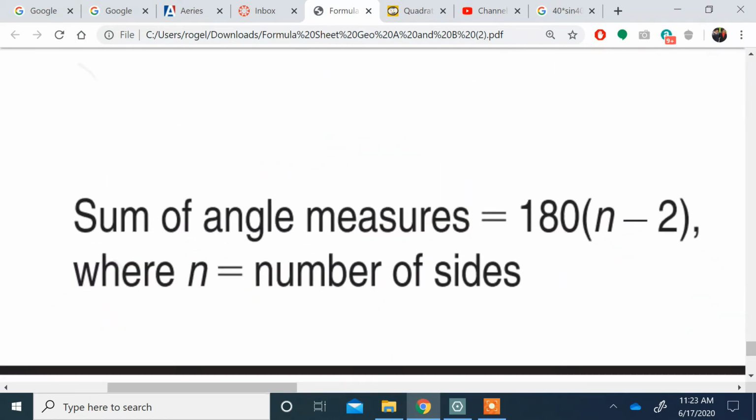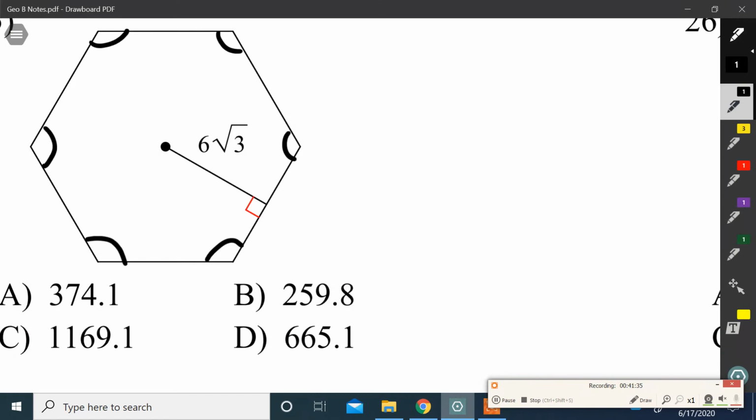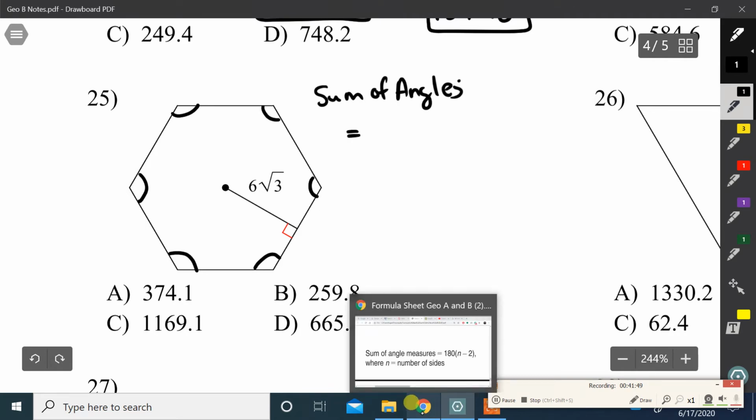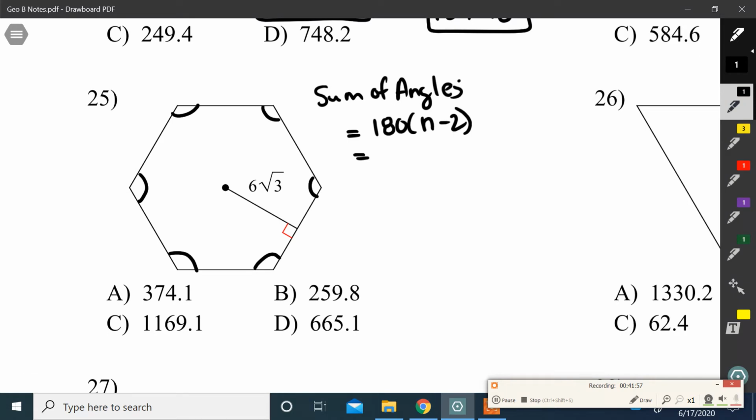Okay, so it says the sum of angle measures is 180 times n minus 2, where n is equal to the number of sides. So the sum of all the angles is equal to 180 times n minus 2, where n is the number of sides.